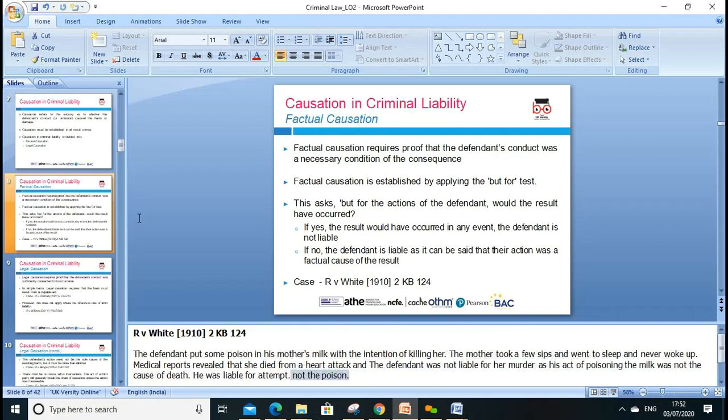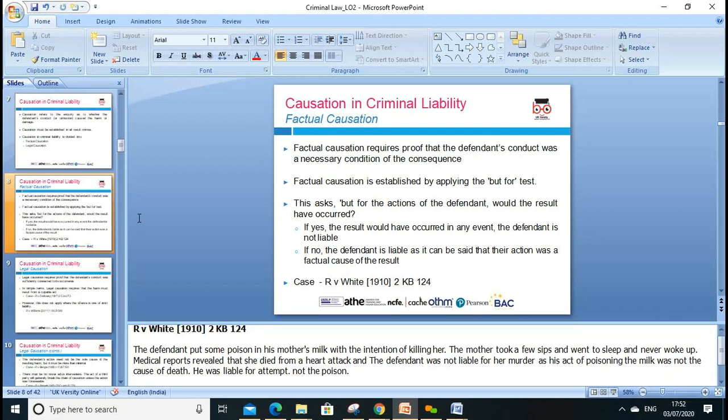So the defendant was not liable for her murder, as his act of poisoning the milk was not the cause of the death. He was liable for attempt, not for the poison.